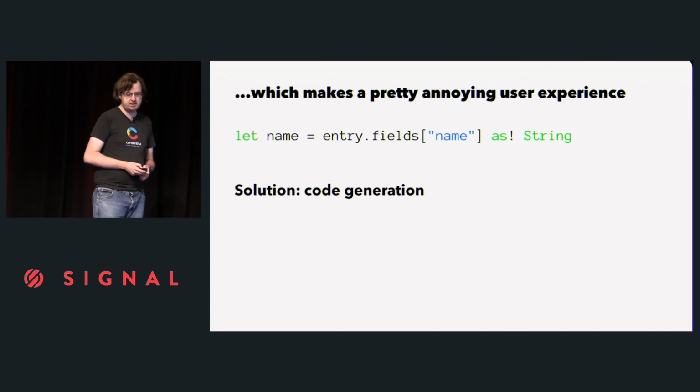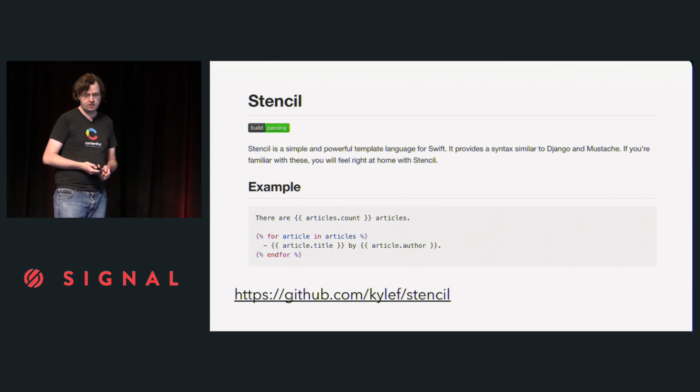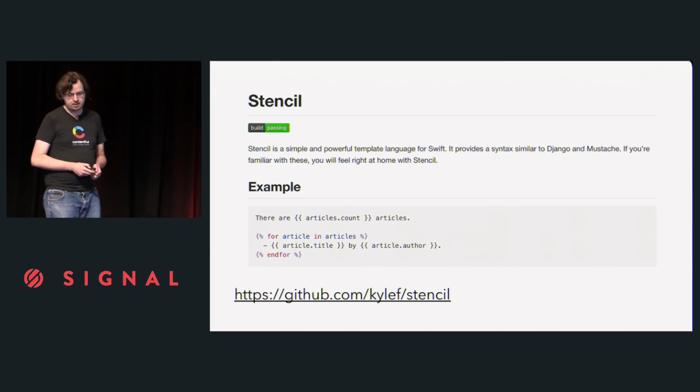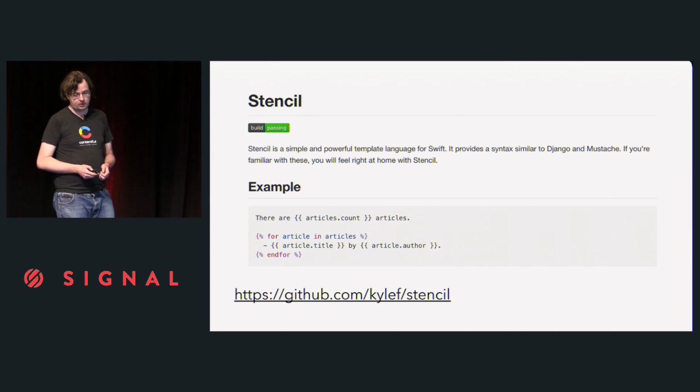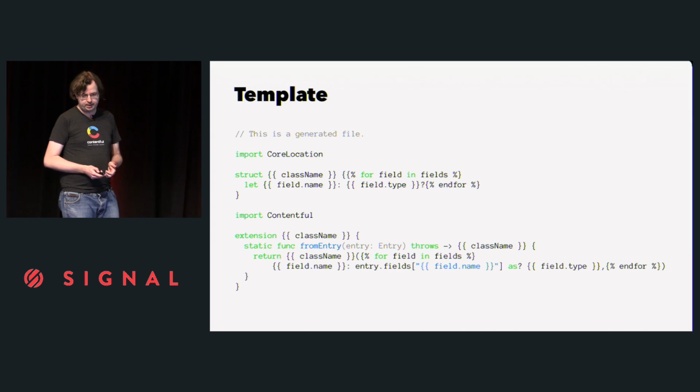The solution we use for this is code generation. We're using a library called Stencil, which is a little Swift library for expanding templates like the ones you see at the bottom. Using this, we have a template for an entity class, which is essentially a struct with its fields and the types.